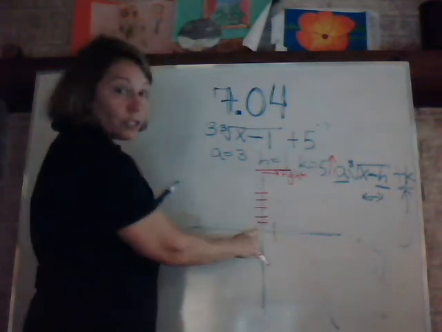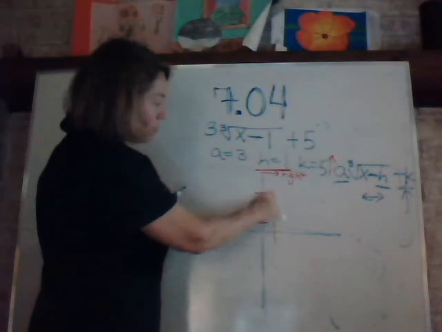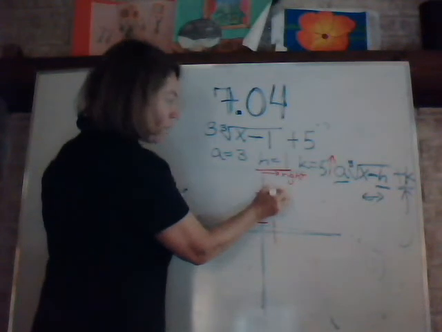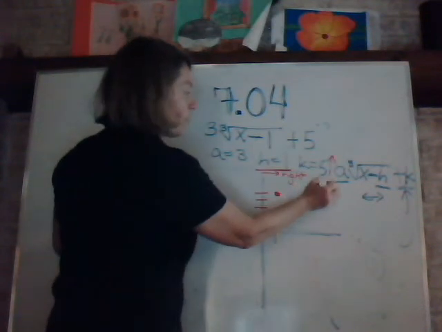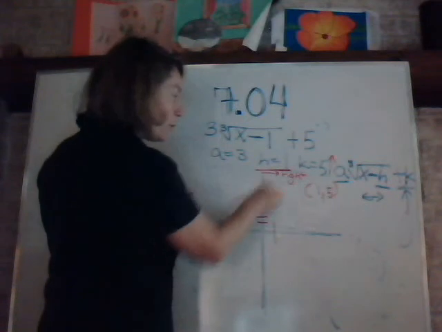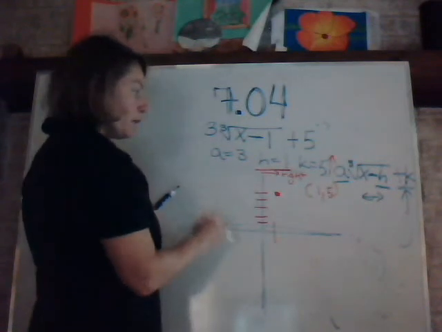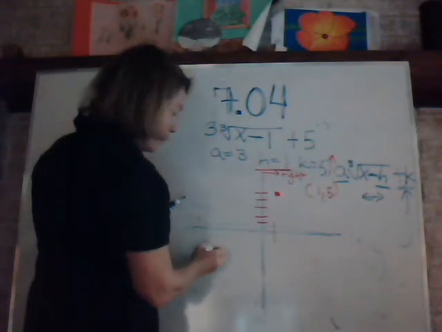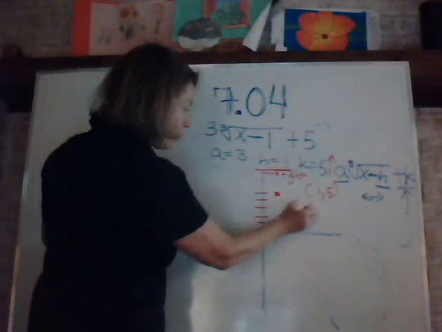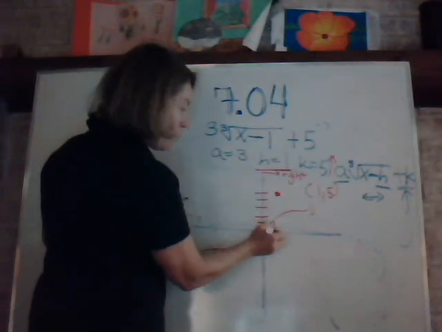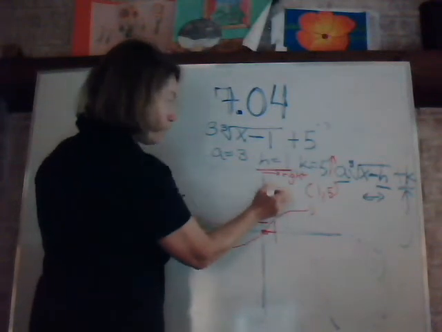So my parent function that was at the origin now snakes through (1, 5). So (1, 5) is my HK, and that's the point where it's going to change. It was snaking through the origin; this point just went over and up, and it's going to snake through here.